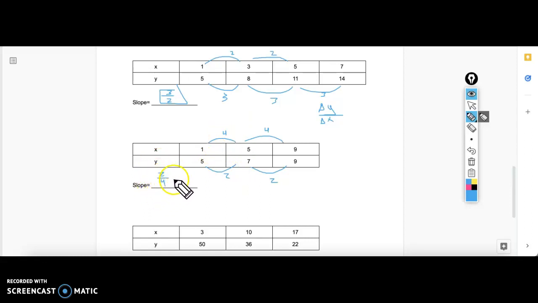Now notice this fraction. This is a perfectly great answer, 2 over 4. But anytime I have a fraction that can be reduced, I want to reduce that. I can divide both of these by 2 and get 1/2. This is the answer you're going to write in the fill in the blank or whatever. Make sure that you reduce your fractions as much as possible.